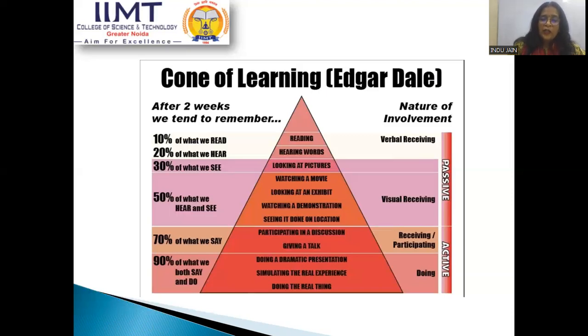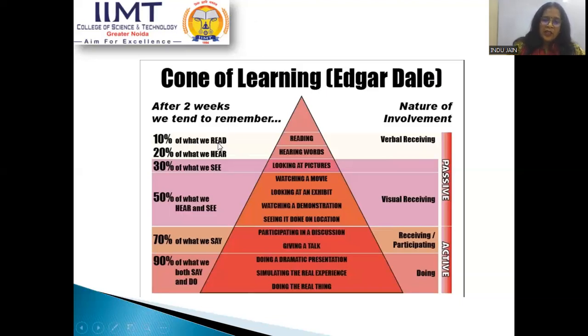In the Edgar Dale Cone, we can see that we can remember only 10% of what we read, 20% of what we hear, 30% of what we see, 50% of what we hear and see, 70% of what we say, 90% of what we both say and do.